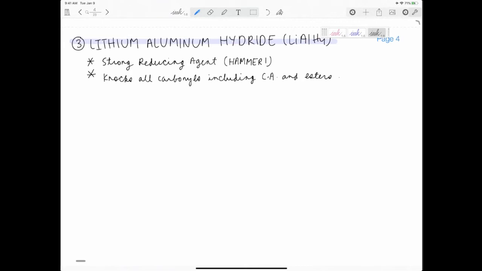Okay, so if you had aldehydes, carboxylic acids, and esters, they get reduced into primary alcohols. And then if you had a ketone, it gets reduced to a secondary alcohol. Okay.